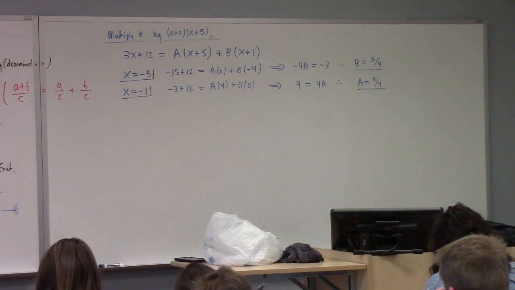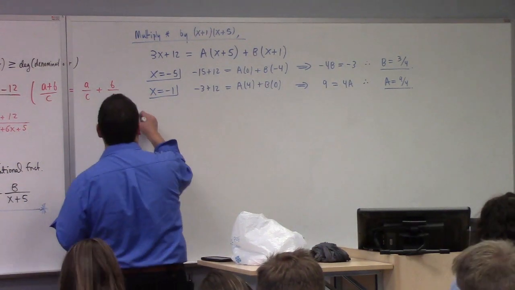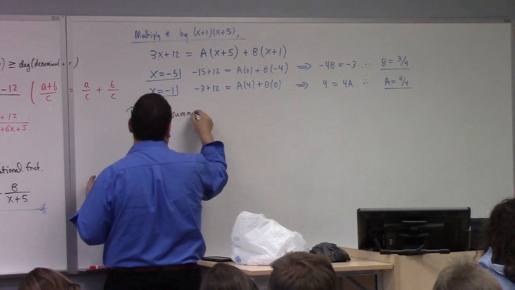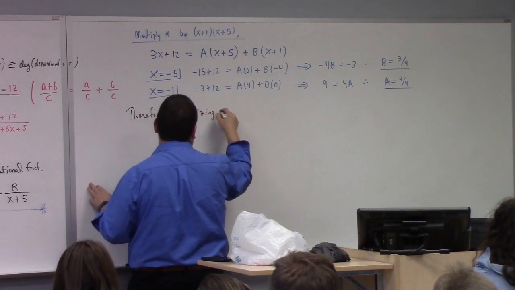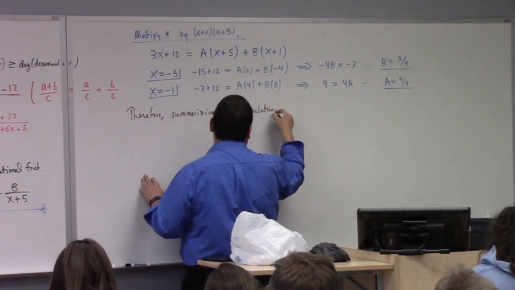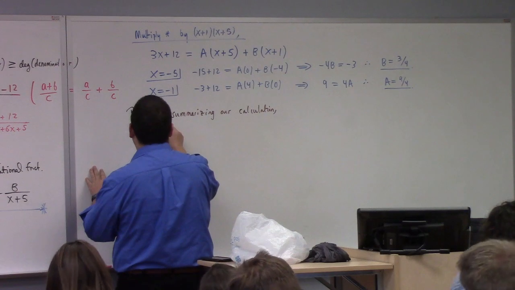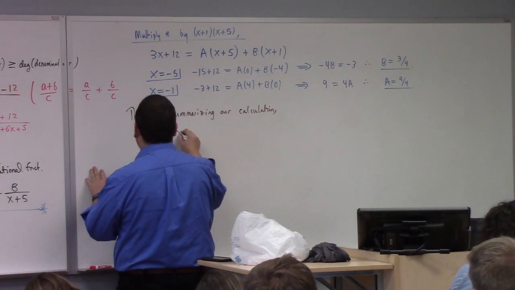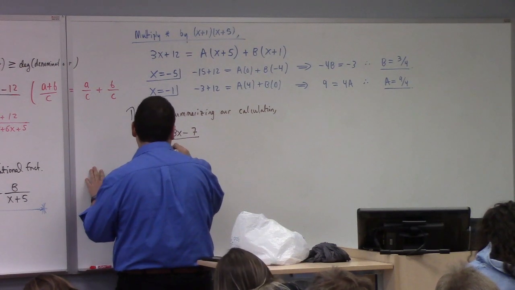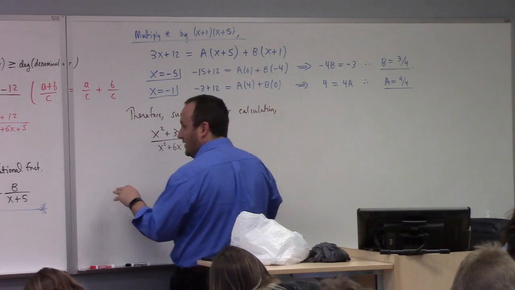Let me then summarize our work. Therefore, summarizing our calculations, we have that (x squared plus 3x minus 7) divided by (x squared plus 6x plus 5) has the following decomposition.